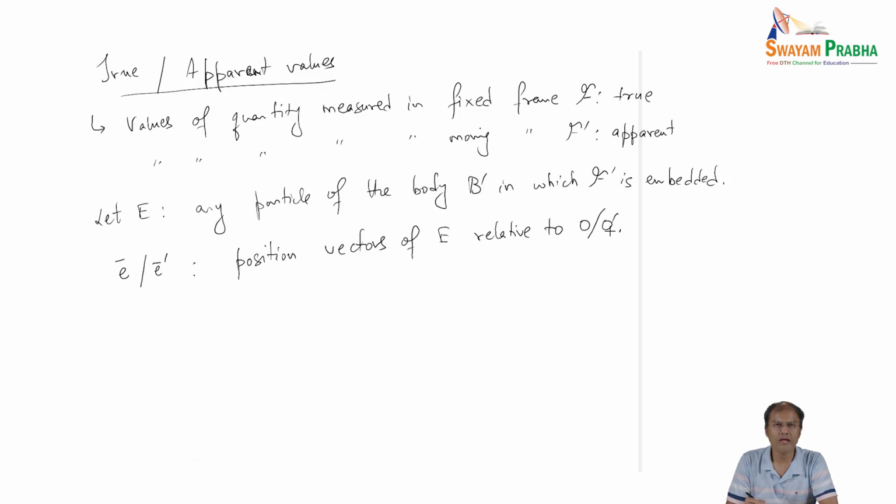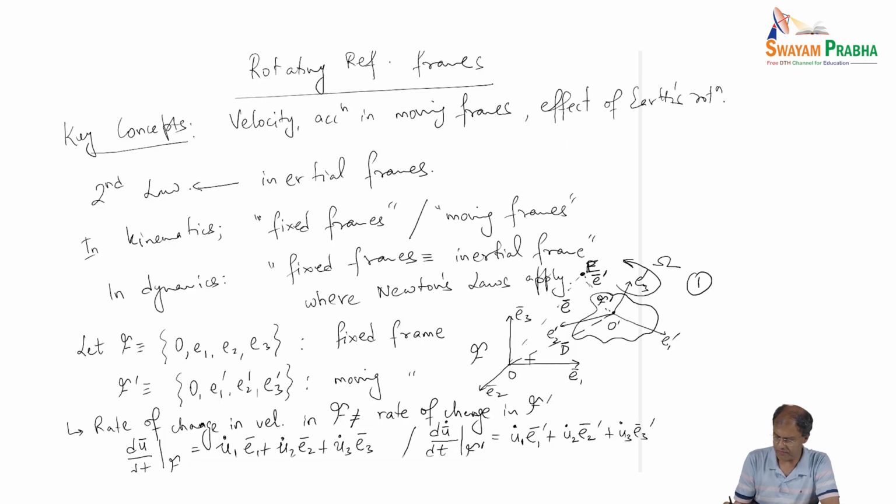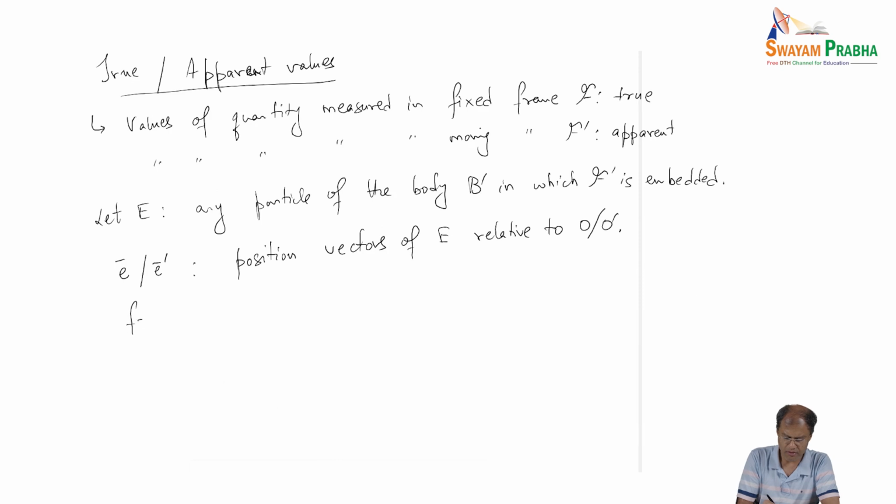So these are my position vectors of the particle E. And then, using the triangle law, if we associate some arrows, we have that E is D plus E prime.